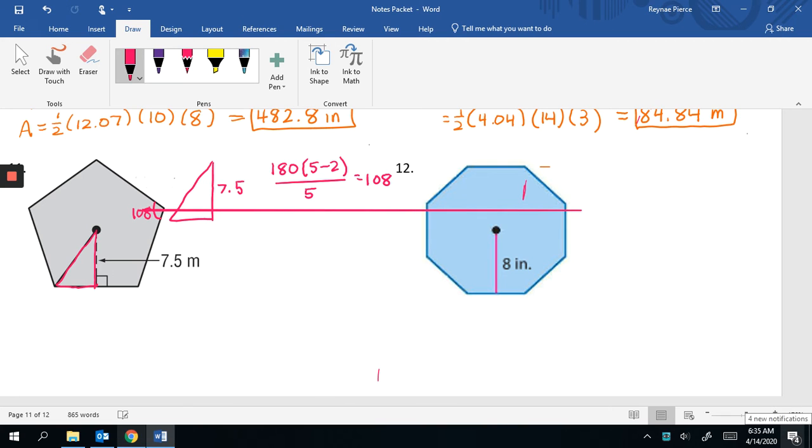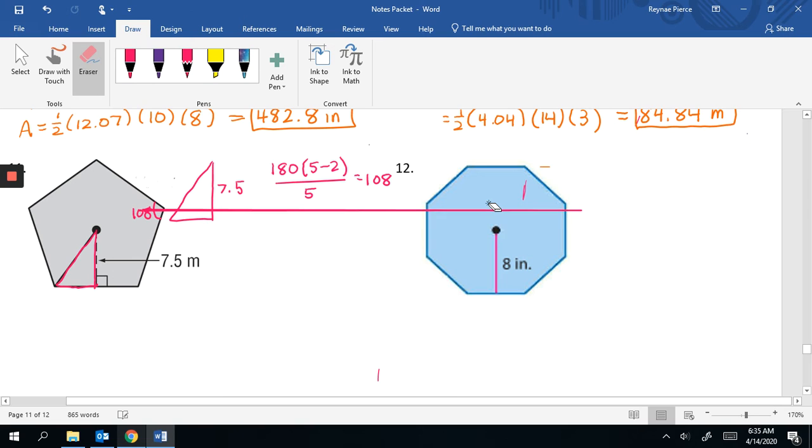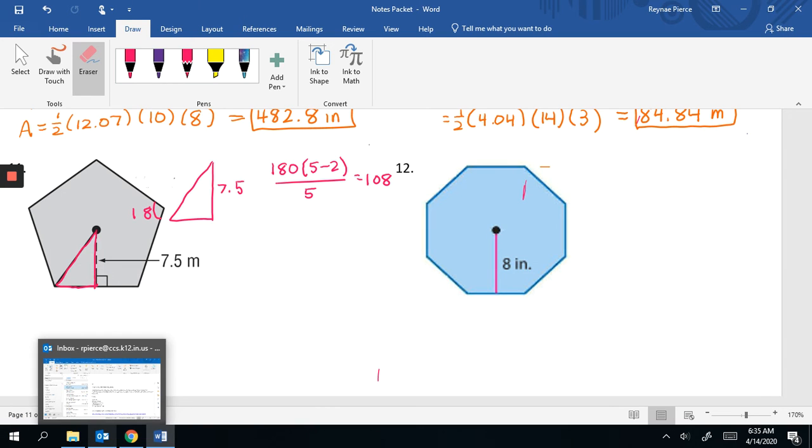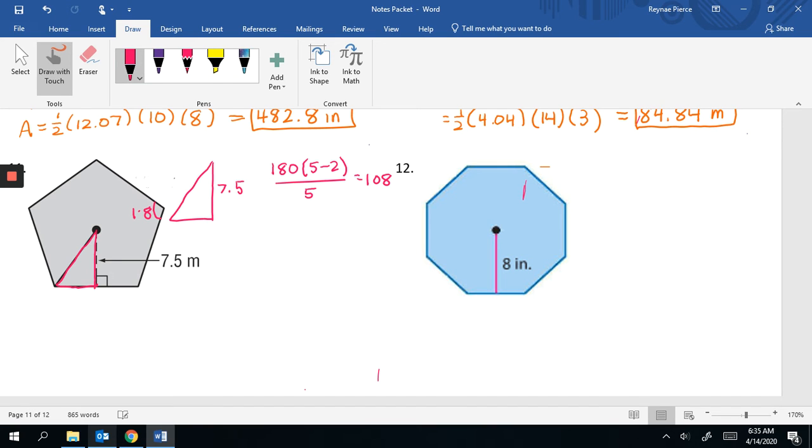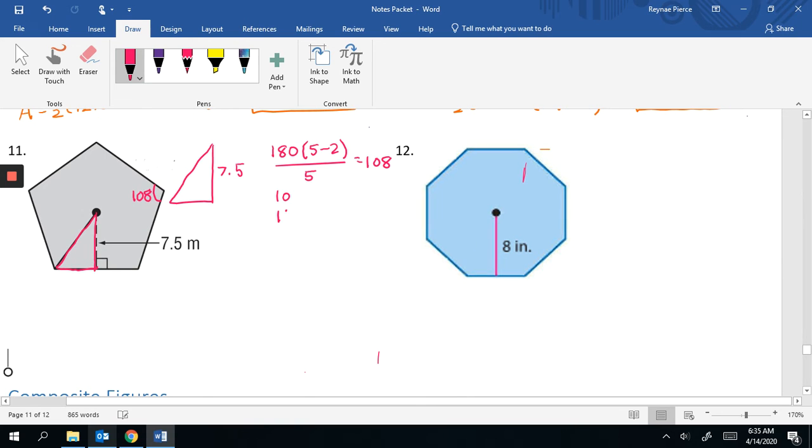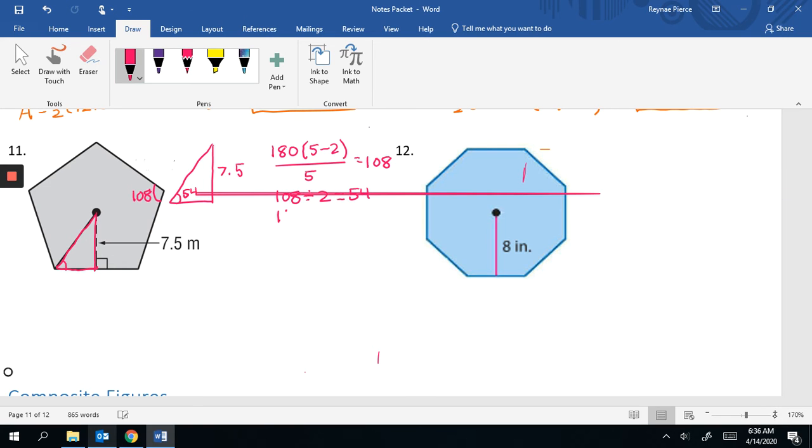But we don't want the measure of one whole interior angle, we want the measure of half of the interior angle. So this angle here is 54 degrees.